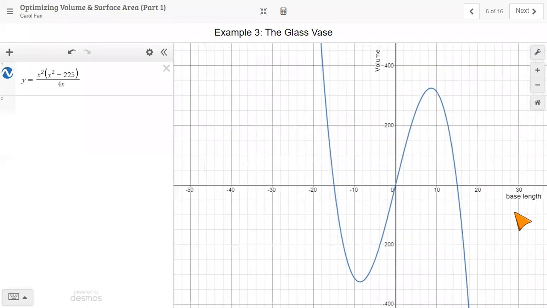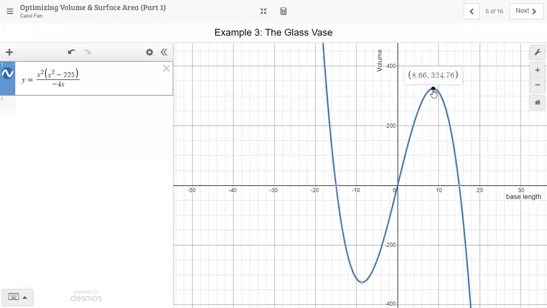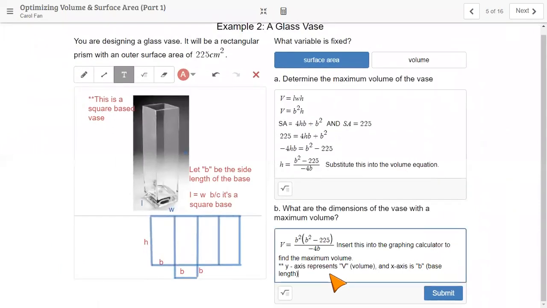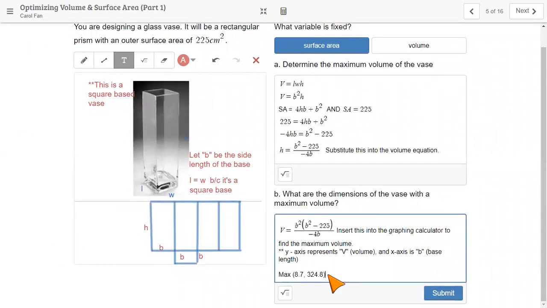Okay, I've labeled all this, and I find that my maximum value is 8.7 and 324.8. Let's take this back over and interpret our answer now.